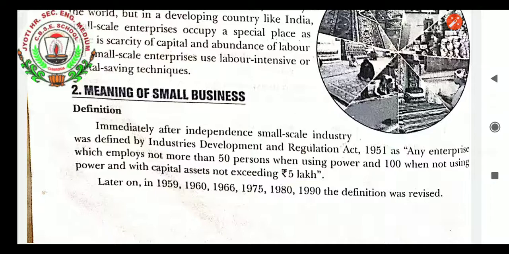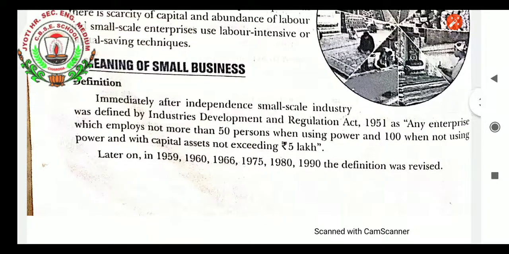That industry is considered a small scale business, and the investment must not exceed rupees 5 lakh, but now the investment must not exceed rupees 8 lakh. Later on it was revised in 1959, 1960, 1966, 1975, 80, 90.